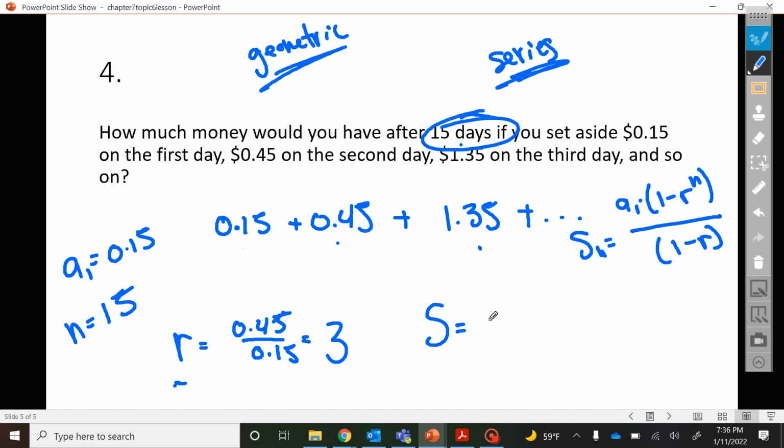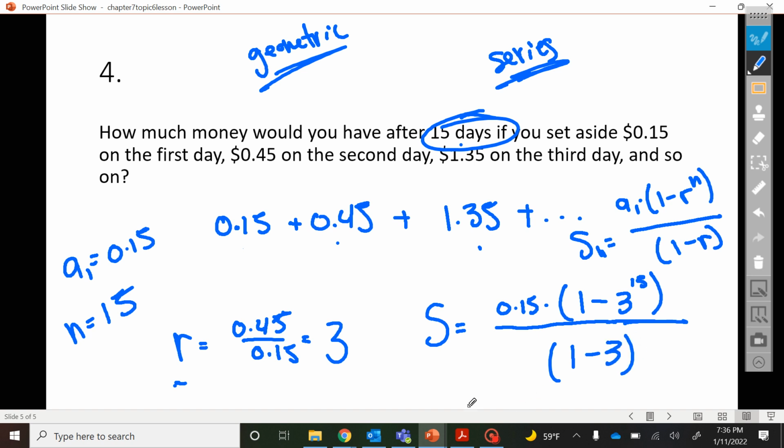The sum is equal to, in the numerator, we have 15 cents multiplied by 1 minus the ratio, so 3, and that's going to be raised to the n power, so 15 power. In the denominator is just 1 minus the ratio. Okay, at this point, we just need to calculate this.